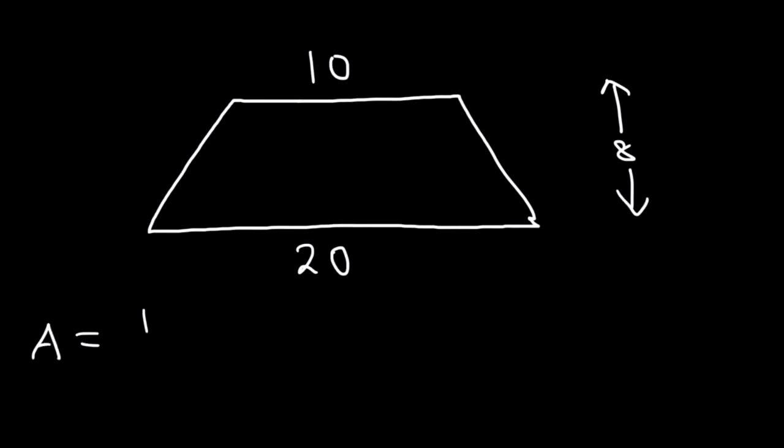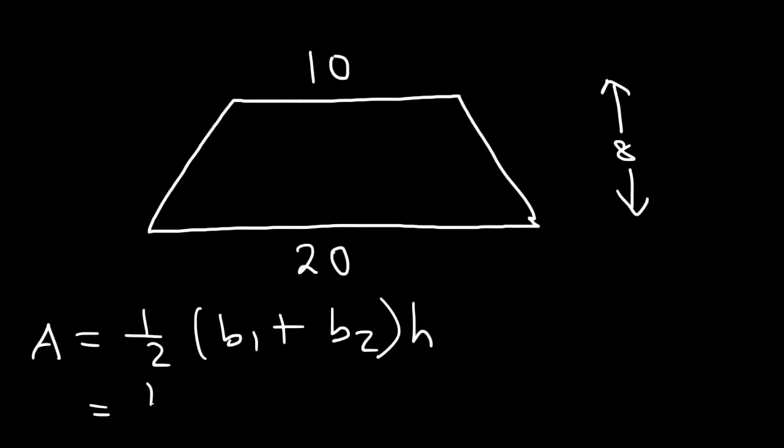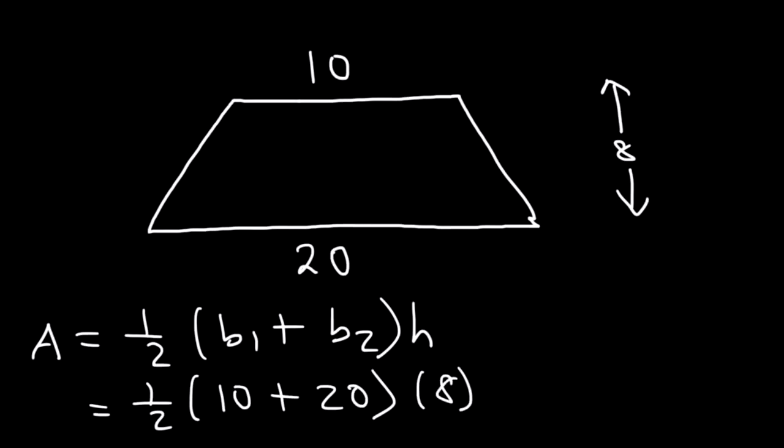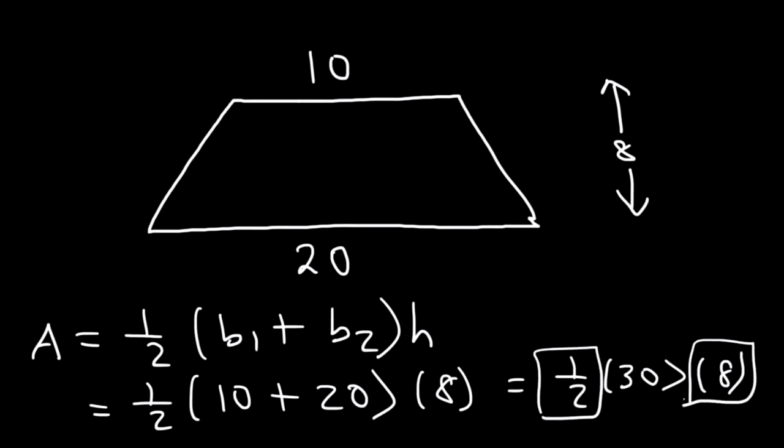The area is 1/2 the sum of the two bases, b1 plus b2, times the height. b1 is 10, b2, the second base, is 20, and the height is 8. So 10 plus 20 is 30. And half of 8, if we just multiply these two, that's 4. So this becomes 4 times 30, which is 120. So that's the area of this particular trapezoid.